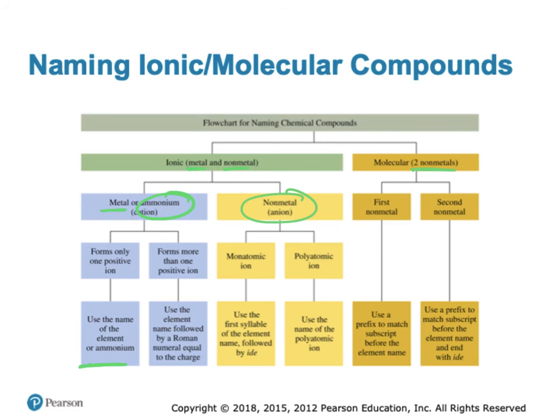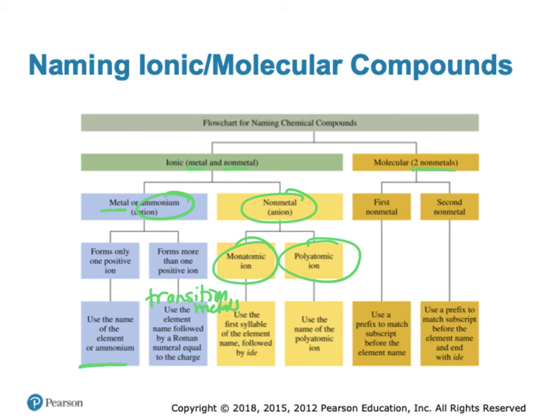If we have one of the transition metals, we will need to put a Roman numeral to designate the charge. For your nonmetals, you have your monoatomic ions, such as Cl- or O2-, or we can have our polyatomic ions, such as phosphate and sulfate.